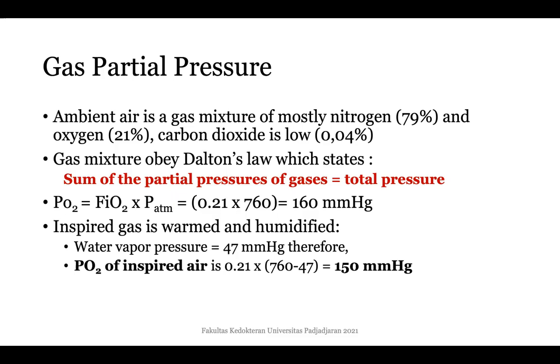That has to be subtracted from the 760 of atmospheric pressure to calculate what the pressure of oxygen will be in inspired air. It is 150 millimeters of mercury. So that is the pressure of oxygen in the air once it has entered the respiratory system, before it is diluted by the air that's already in there.